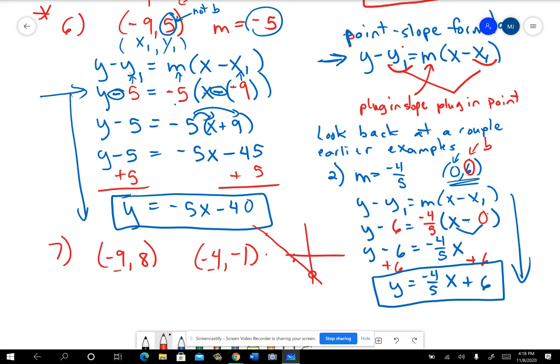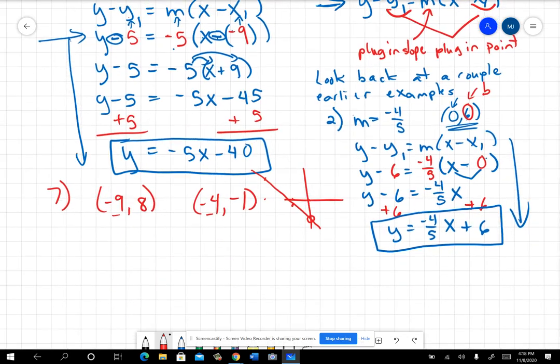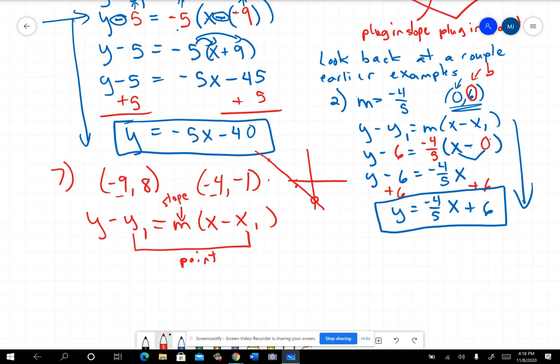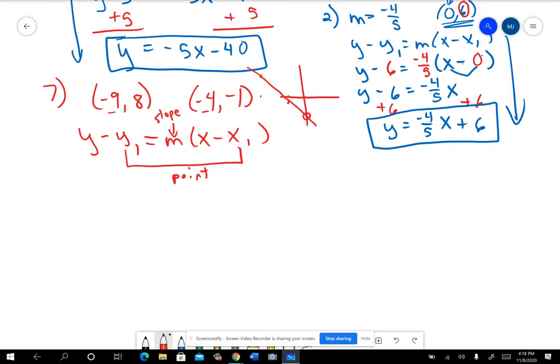All right, but what you can do is think about that point slope formula that we've been using, okay? So you could plug in a point here, and if you had your slope, you would plug it in there. And they didn't give you the slope, but don't you know how to get the slope?